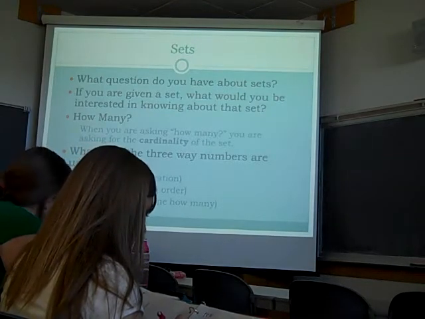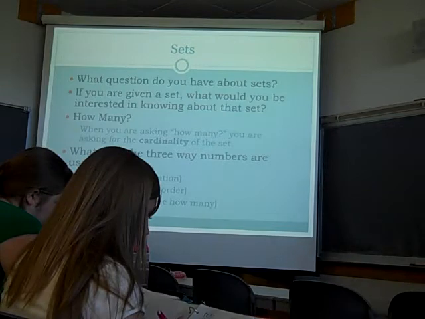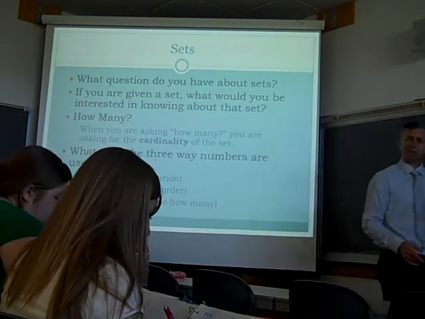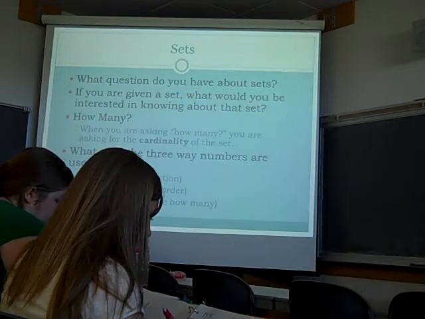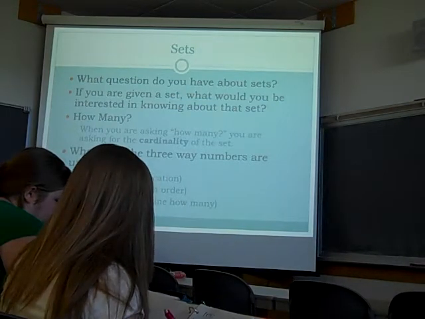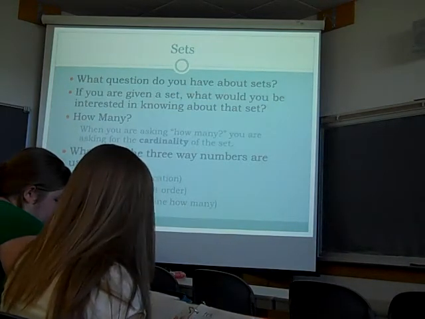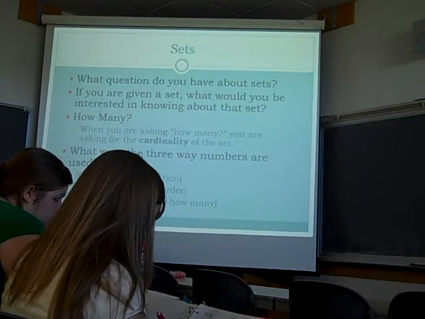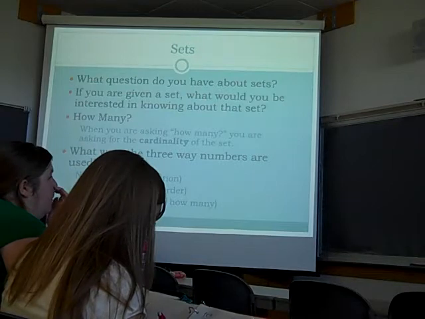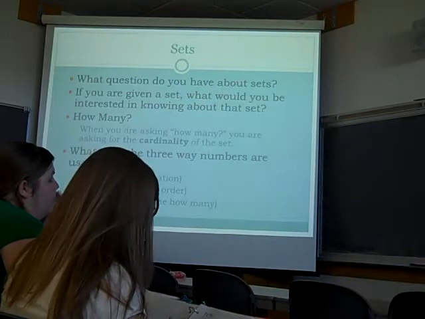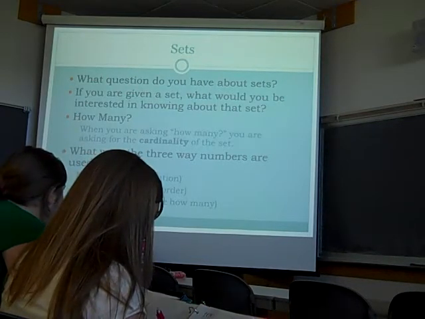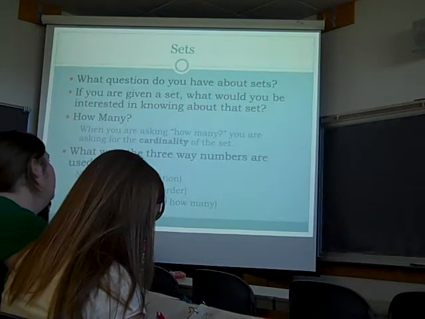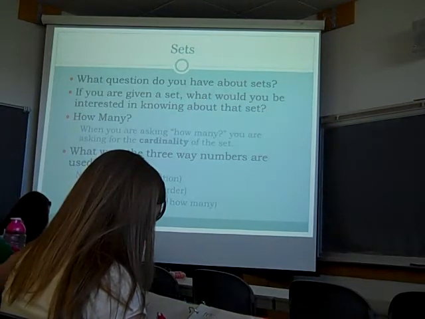So when we talk about the cardinality of a set, we're just talking about how many are in the set. That helps you tie those ideas together, I hope. So, what's the cardinality of this set? 3. When I say what's the cardinality, I'm asking how many elements are in the set. There are 3 elements in this set. Okay?